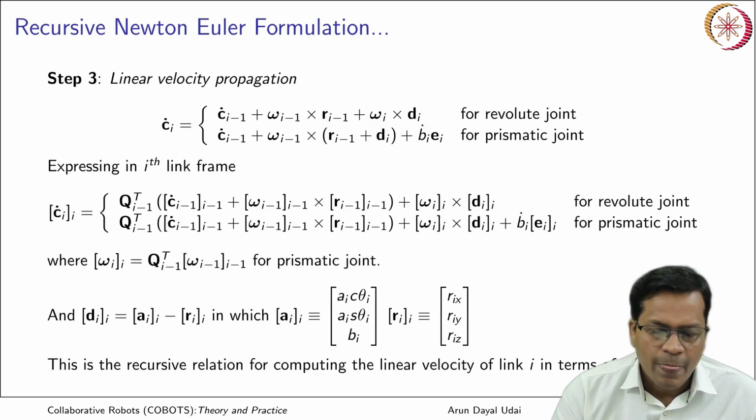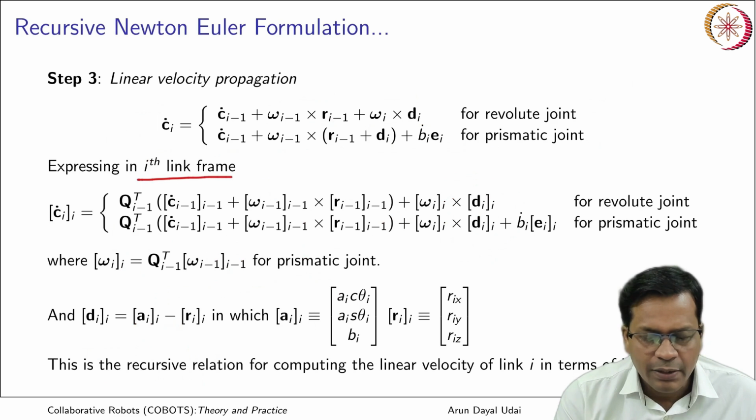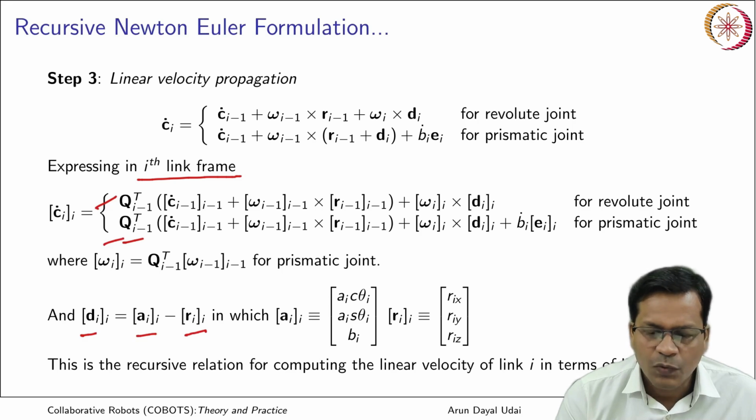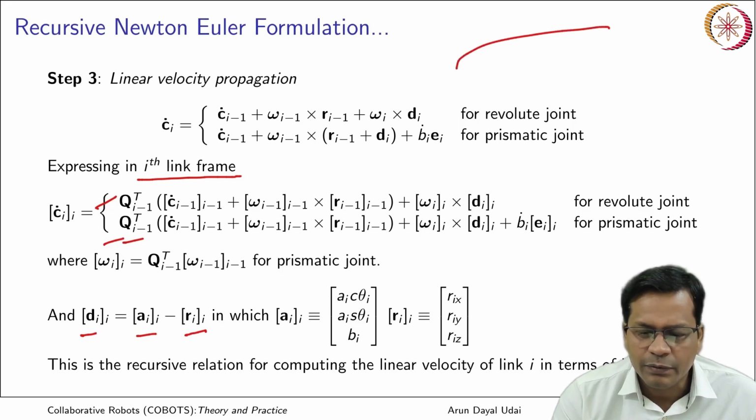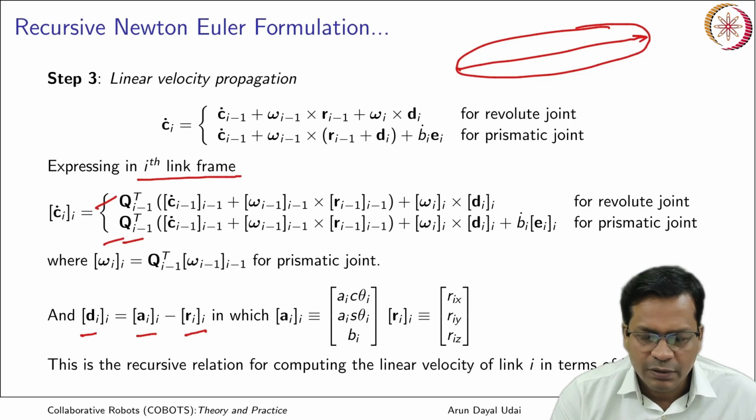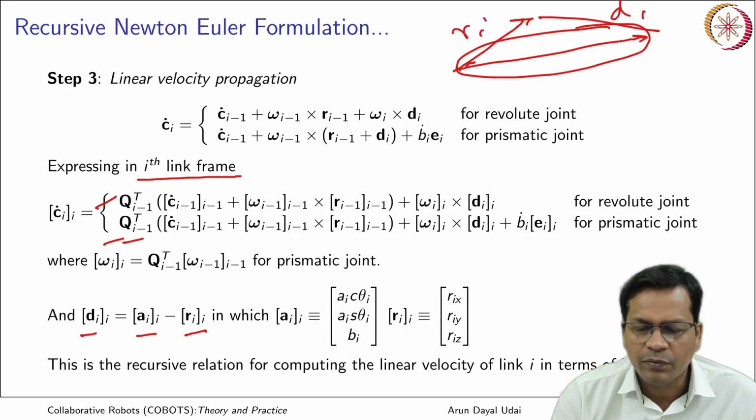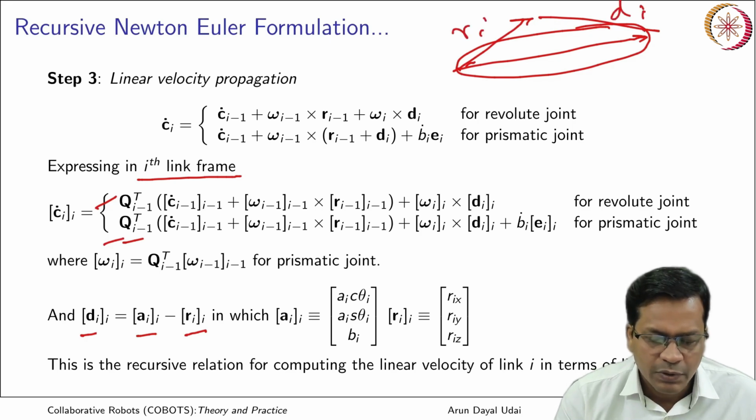Okay. So, expressing again in the ith frame, you have to consider the Qi matrix here, okay, 3 cross 3 matrix, and Di is Ai minus Ri, that you already know. So, Ai is the link vector, okay, and you have Ri and Di vectors. So, the sum of them creates this.